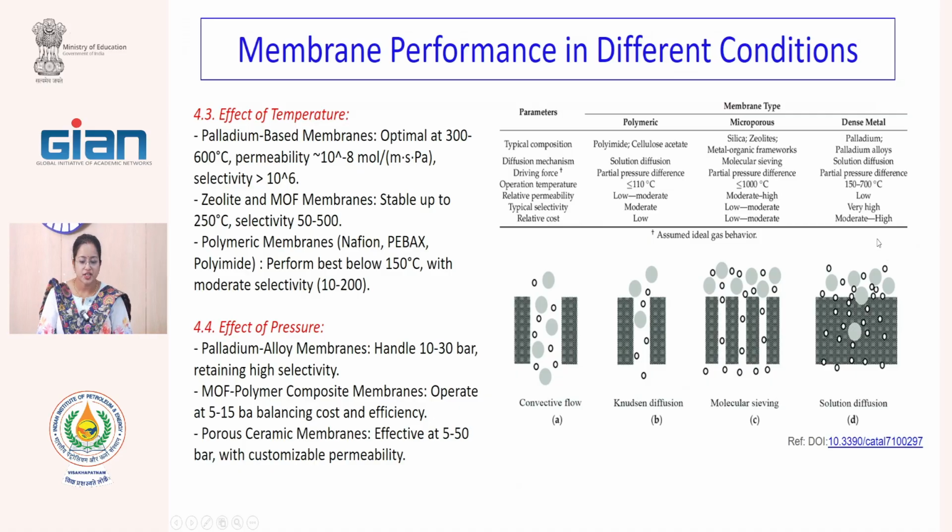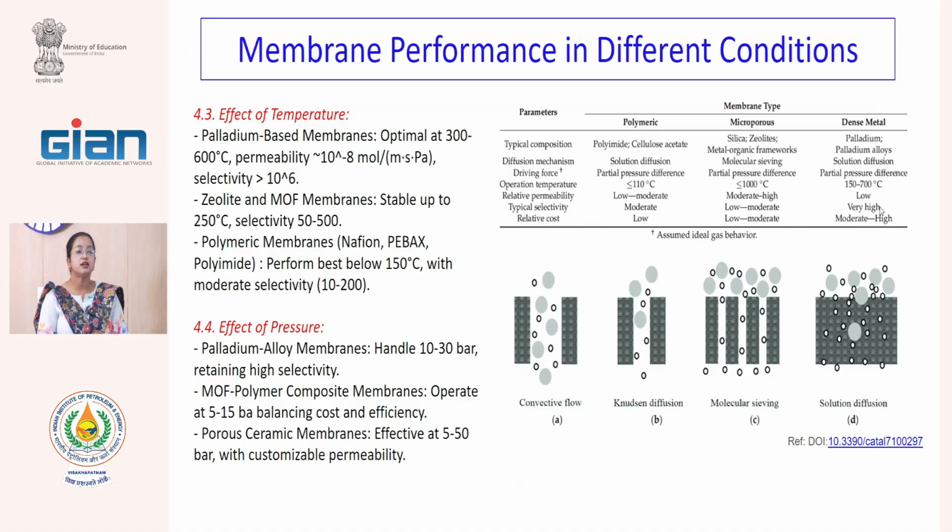Now, what are the temperature conditions or pressure conditions that we use? We have been talking about how we require less pressure and less extreme temperature. Zeolite and MOF membranes you can use up to 250 degrees centigrade, but for palladium membranes you can go from 300 to 600. Polymeric membranes you can be more relaxed with on temperature, you can go up to 150 or 200 degrees centigrade, no problem.